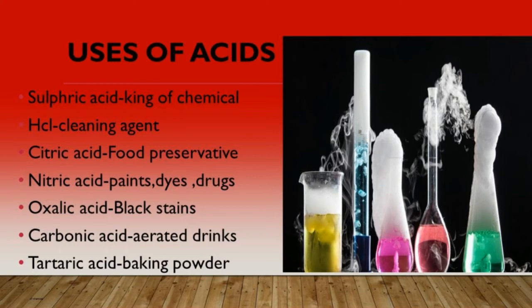Nitric acid is used in the manufacture of fertilizers, dyes, paints and drugs. Oxalic acid is used for iron deposits, and also as a bleach for wood and to remove black stains.